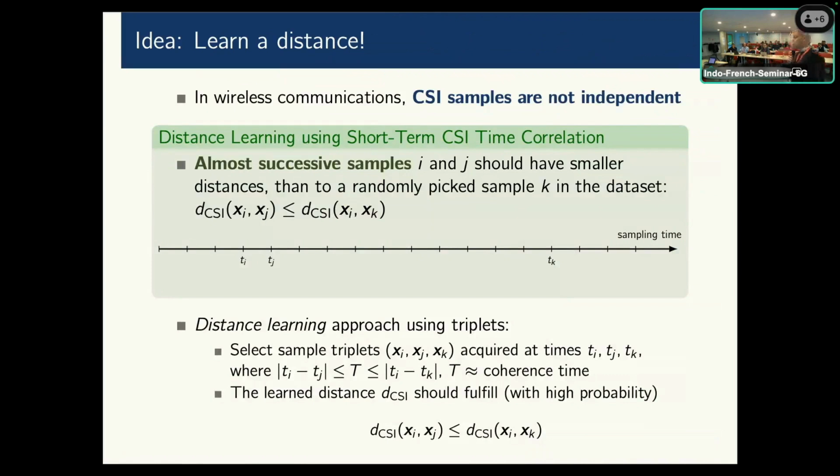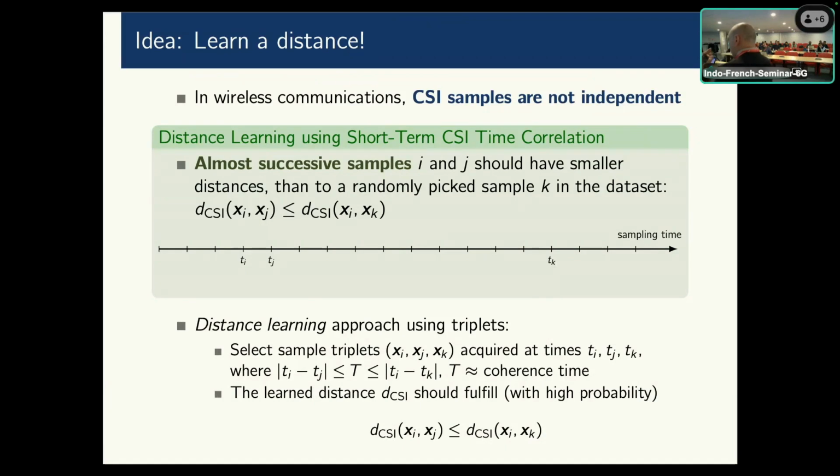One thing that we came up with is that in wireless communication systems, we measure the channel very frequently, dozens or possibly hundreds of times per second. And we know that if we look at successive measurements, they are typically very correlated.